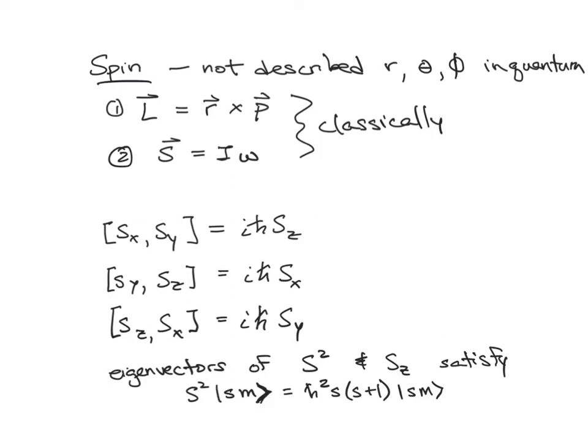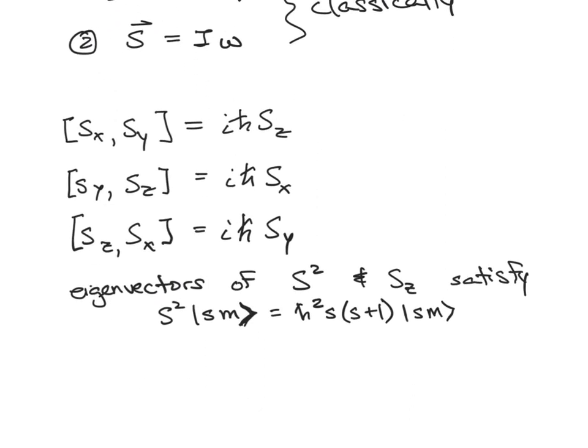And our component S_z also acts on that exact same eigenfunction. I'm just writing this in slightly different notation this time, but it means the same thing. It returns an eigenvalue of h bar m for that same eigenfunction that depends on both s and m.